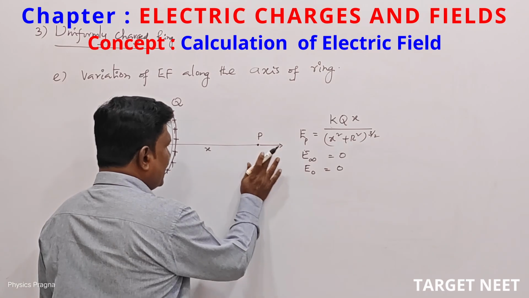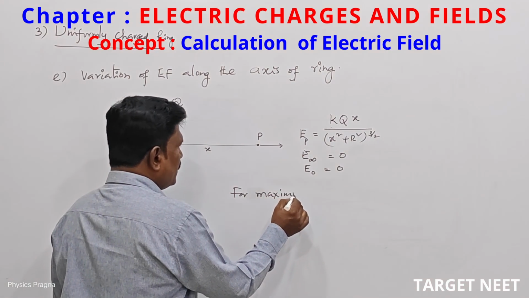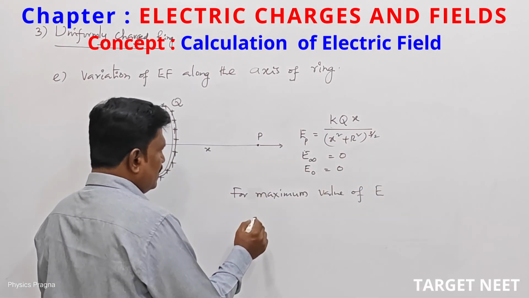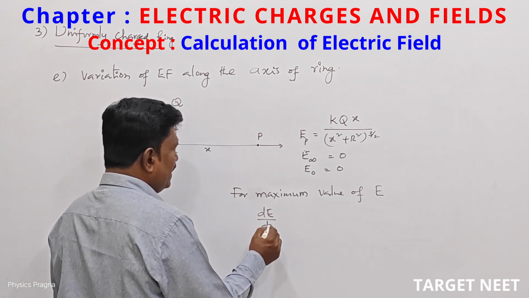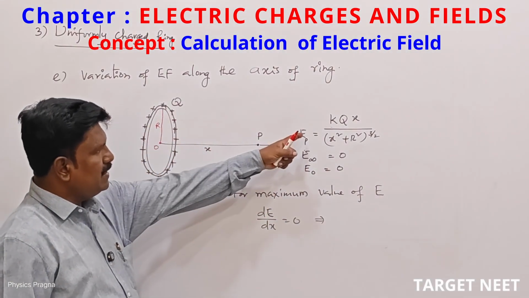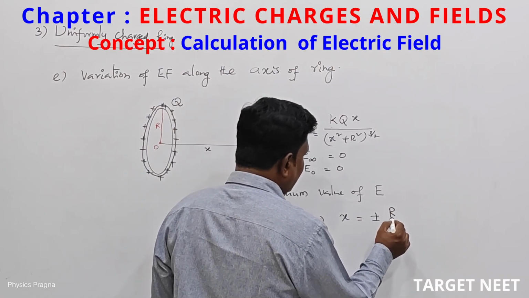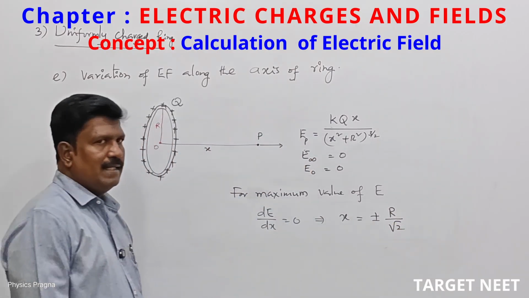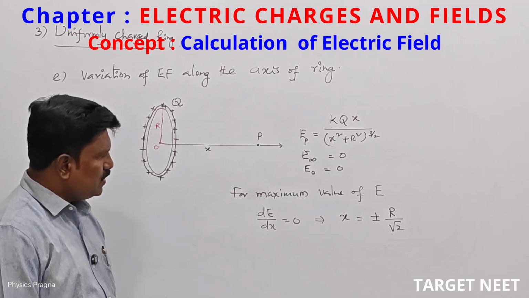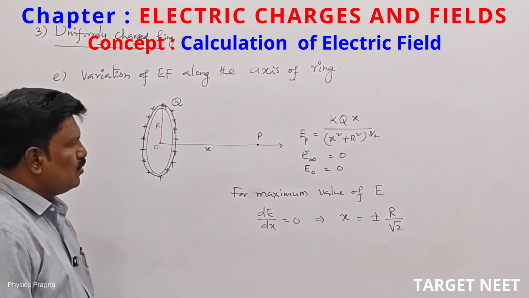For the maximum value of electric field E, we know dE by dx is equal to 0. If you do dE by dx for this equation, you will get x equal to plus or minus r by root 2. These results are very important for you. Often they ask in the examination. So the maximum value of E will be at plus or minus r by root 2.